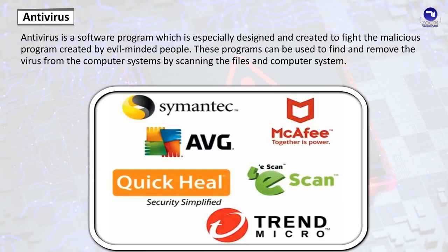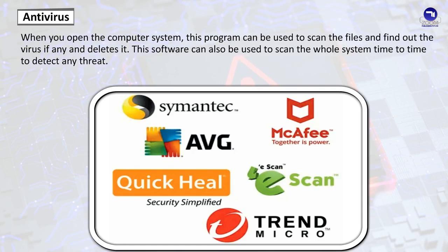Antivirus. Antivirus is a software program which is specially designed and created to fight the malicious programs created by evil-minded people. These programs can be used to find and remove viruses from computer systems by scanning the files and computer system. When you open the computer system, this program can be used to scan the files and find out the virus, if any, and delete it.